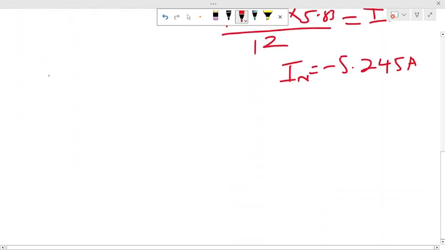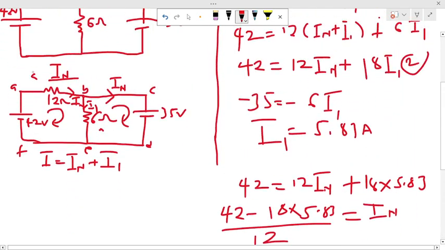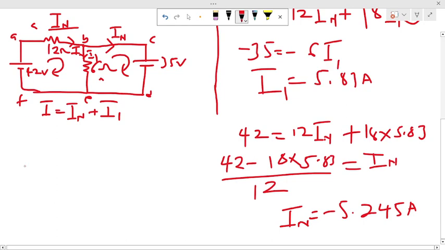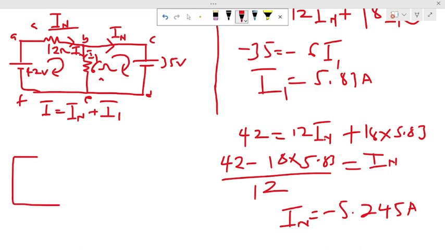So bear with me as I redraw the circuit. So we are going to get something like this. Let me write my 12 ohm, then it will come down. Then for this part, I replace it by an open circuit. So this will be the Norton's resistance.